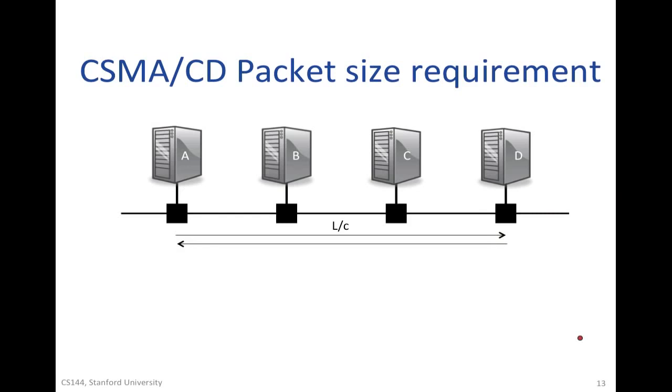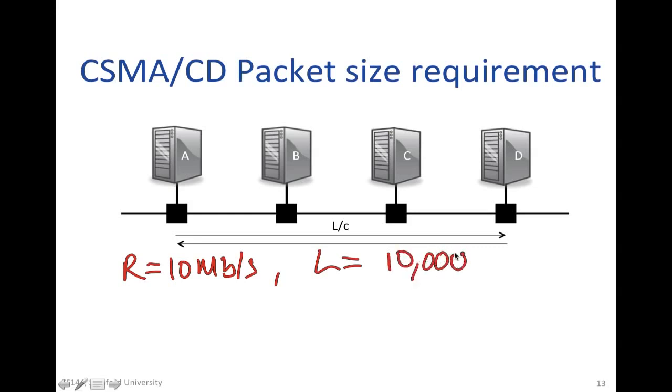Imagine I have a CSMA/CD network running at a rate of 10 megabits per second, and let's say it's 10,000 meters long, 10 kilometers long. It's a pretty big network, and the speed of propagation is 2 times 10 to the 8 meters per second.